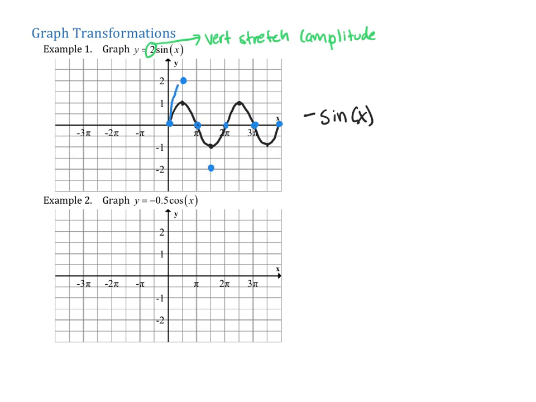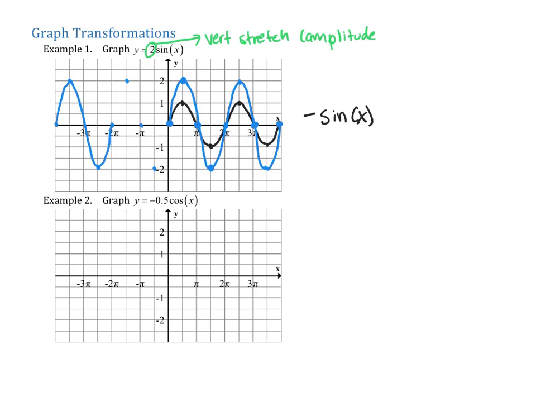So one period of this 2 sine of x looks like this. And then we just repeat this same shape, going midline, maximum, midline, minimum, midline, and we can even keep going in the opposite direction to fill up the whole screen here.